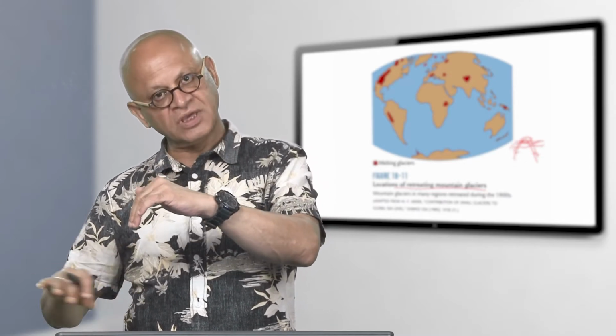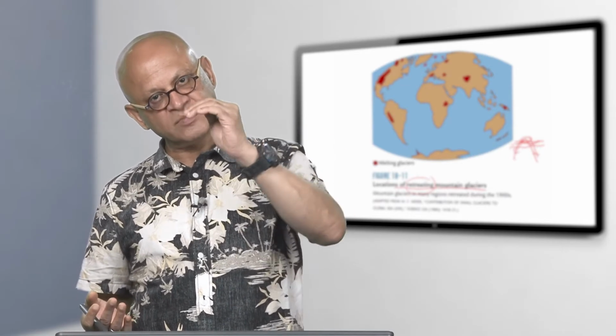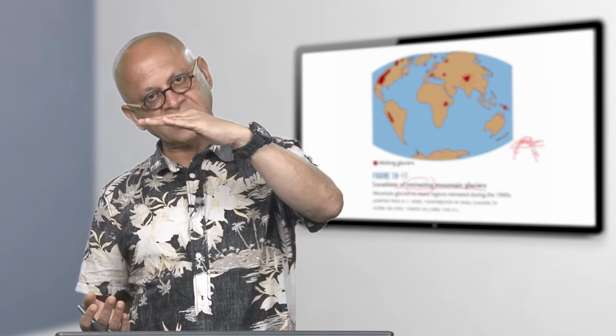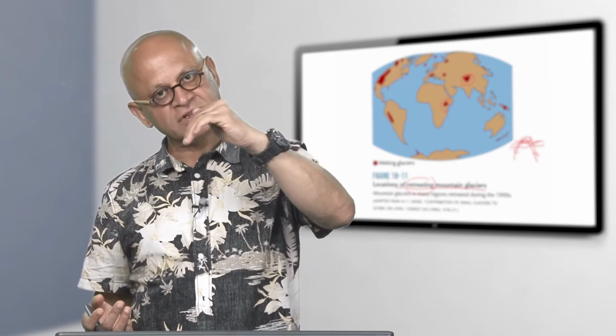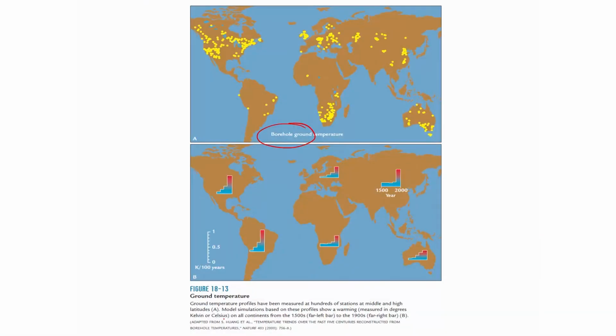The borehole should be essentially protected from changes in the surface, but slowly, if warming is happening over time scales, then that heat will slowly begin to diffuse into the borehole and show up as warming temperatures. So this is now showing trends and model simulations based on the borehole temperature data in degrees Kelvin per century, 100 years. And essentially the message is that over time every continent is warming significantly.